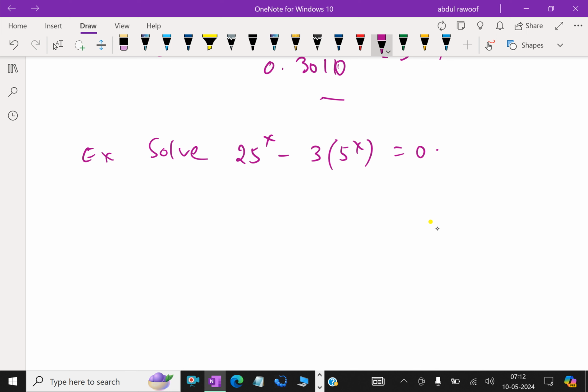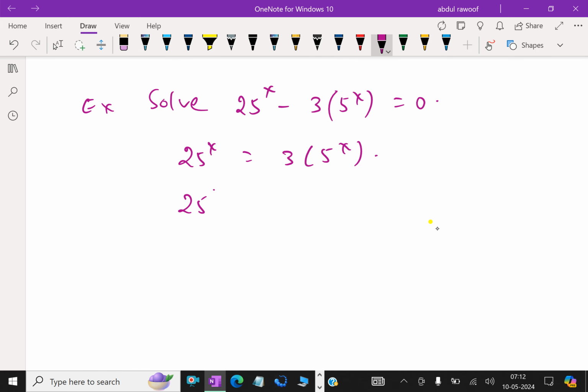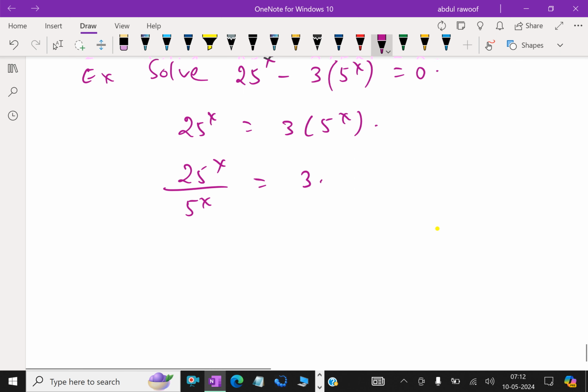Then how to do this one? So 25 power x equals 3 into 5 power x. So 25 power x over 5 power x equals 3.